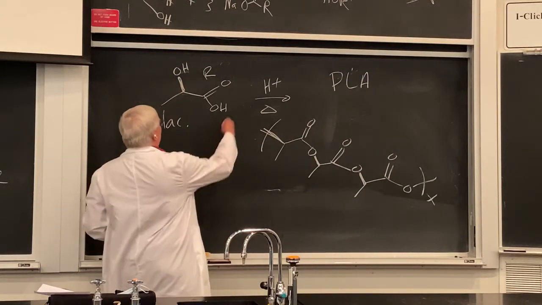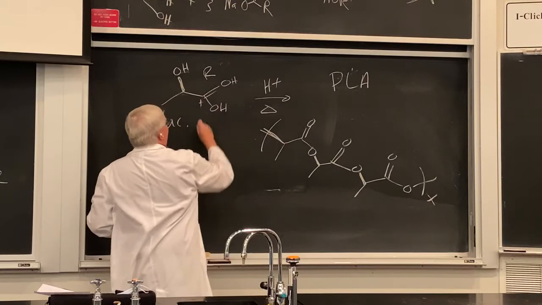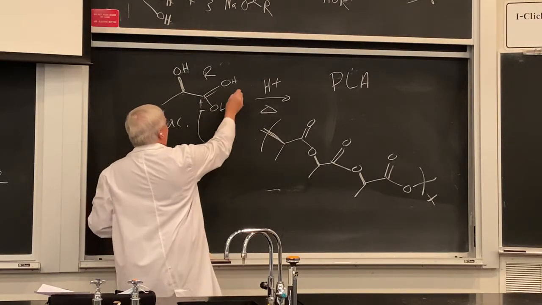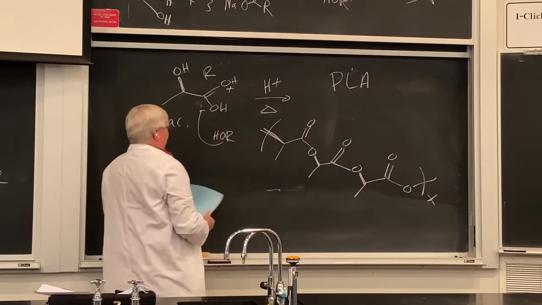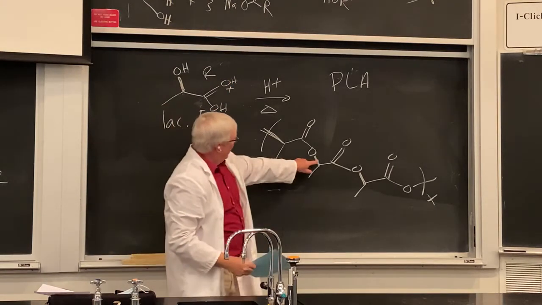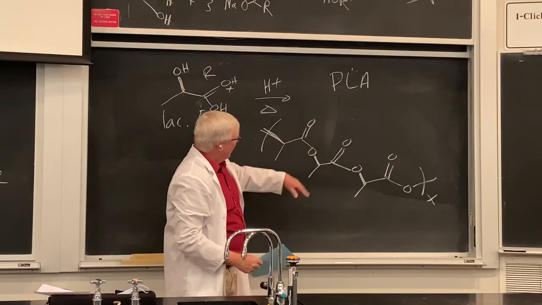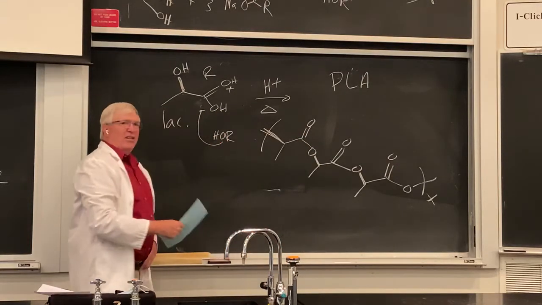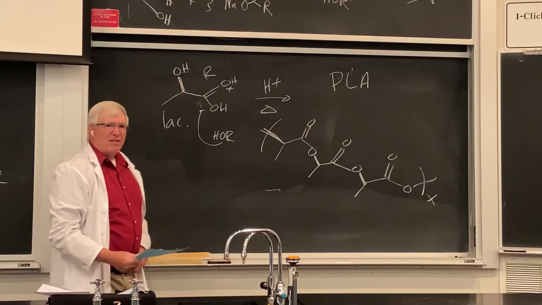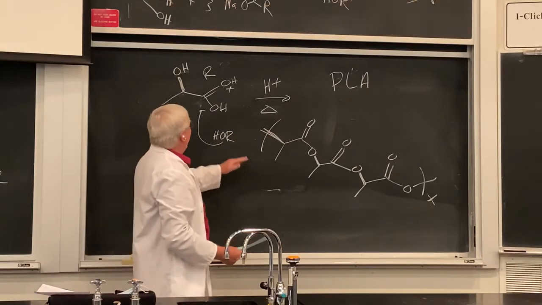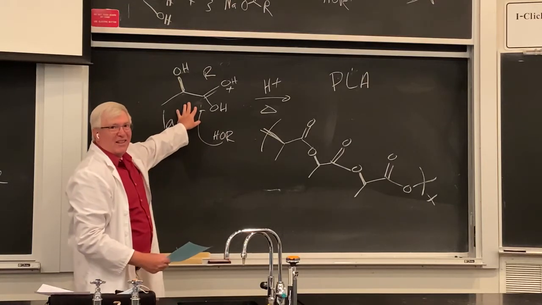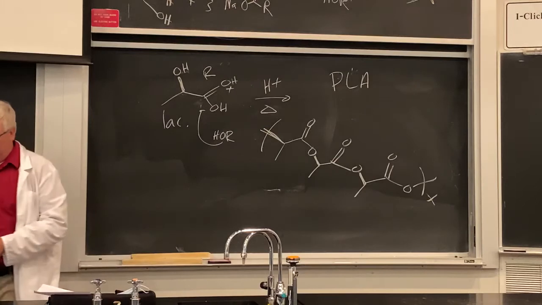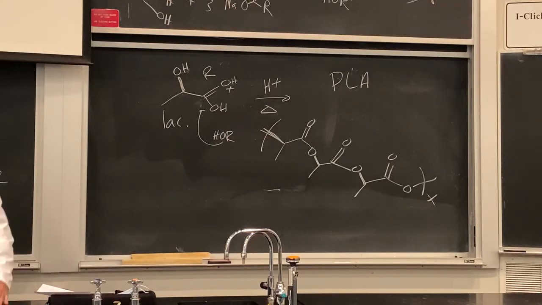The business end is, of course, protonating here, and then the alcohol adds what? Right there, right? To get the polymerization to go, and then you got to transfer a proton off there or whatever. But this is polylactic acid. It's a solid, rigid material also, and it's nicely biodegradable. And when it degrades, it makes naturally occurring lactic acid. Okay, so there's a solution to the recycling problem that PETE presents.